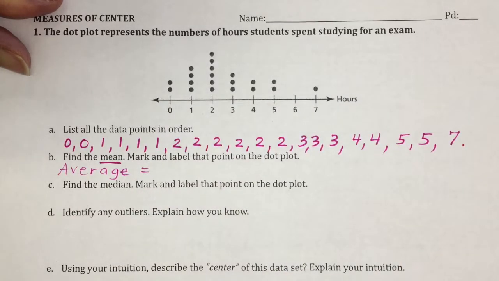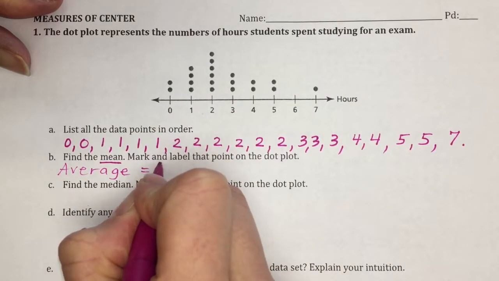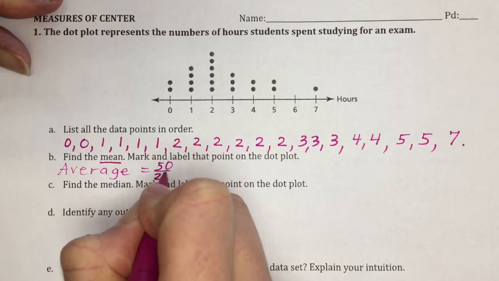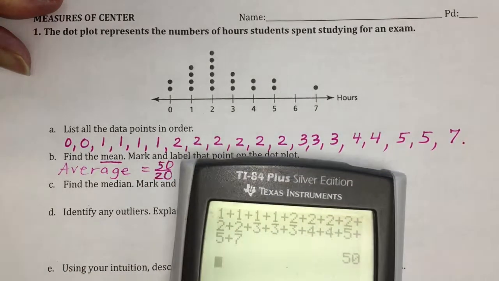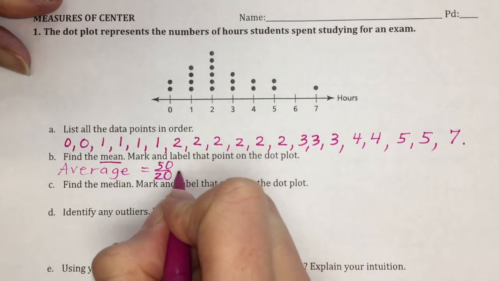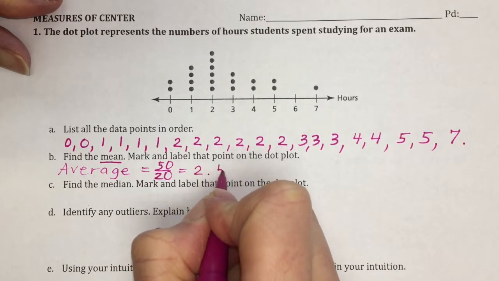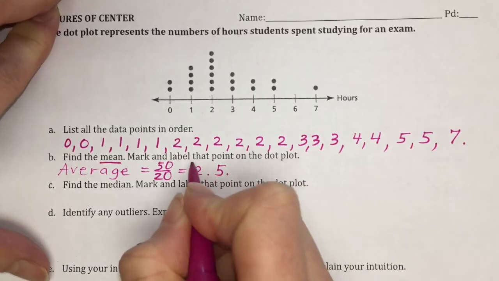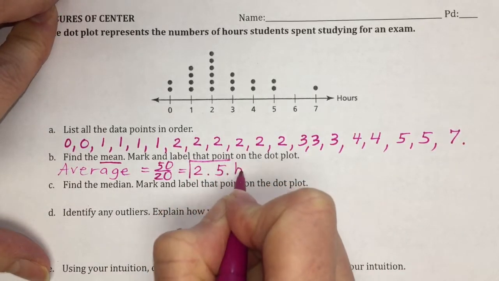So we have 50 and divide by what? 20 total data points. 50 divided by 20 is 2.5 for our mean. And that's in hours.